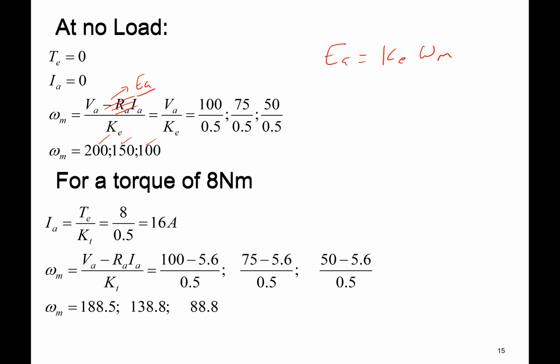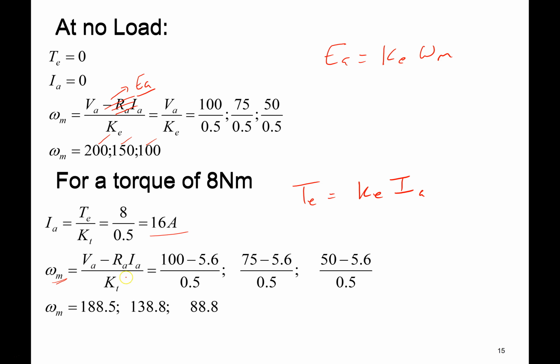And then for a torque of 8 Newton meters, I have I is equal to T on K. Remember, Te is equal to Ke IA. So now I could compute I by simply using T on K, which is 16 amps. So I have a 16 amp current for this load, and I have now to work out omega m.